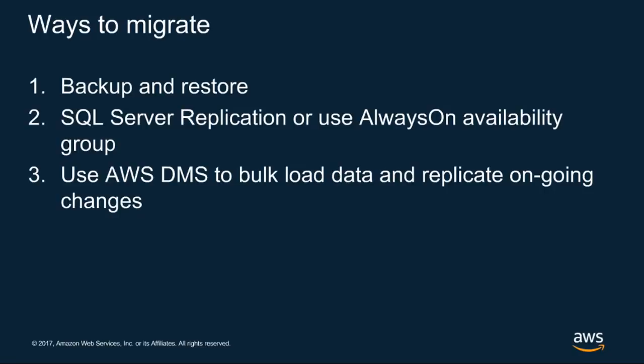decide to go with a migration solution which not only helps them take that bulk copy of the database and create a copy of that particular database in the target instance as such, but they would also want the target instance to remain in complete sync with the source at a given point in time. And some of the native solutions that SQL Server offers, which is not limited to the second point I show here, are replication, SQL Server basic replication.